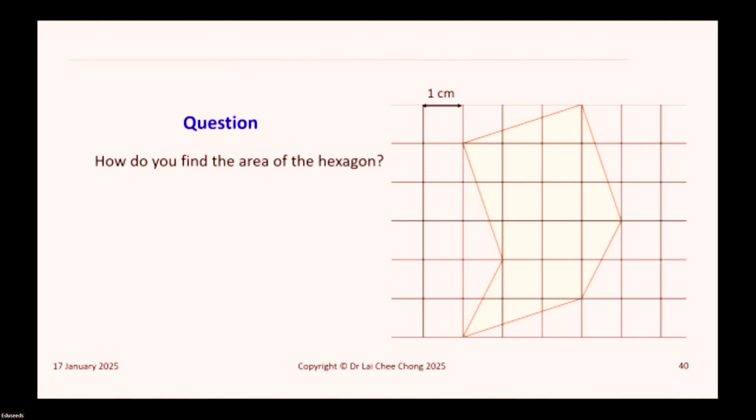How about this one? This is 1/3. Am I right? 1/3 divided by 2 is 1 over 6. Is it 1 over 6? Then I got this little one here, which is 1 square. Am I right?